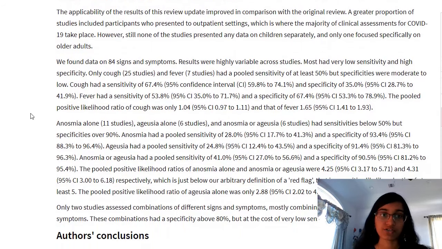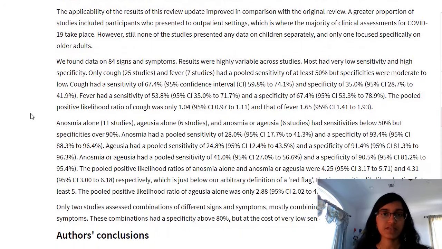Then they go on to actually present their data. So results did vary quite a lot, and only cough and fever had a pooled sensitivity of at least 50%. So most of them had quite low sensitivities, and that would mean they weren't very accurate at predicting the presence of COVID-19. They also talk about other things like anosmia and ageusia.